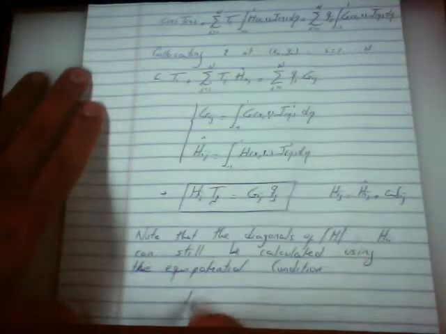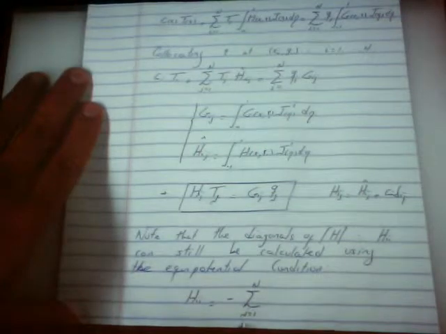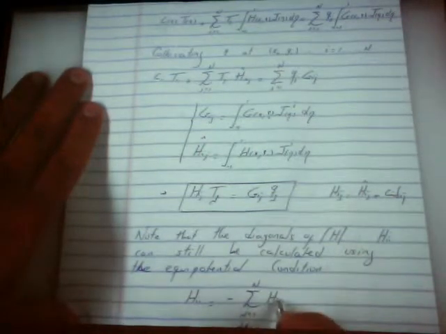That is, Hii is equal to minus the sum from j equal 1 to n, where j is not equal to i, of Hij.